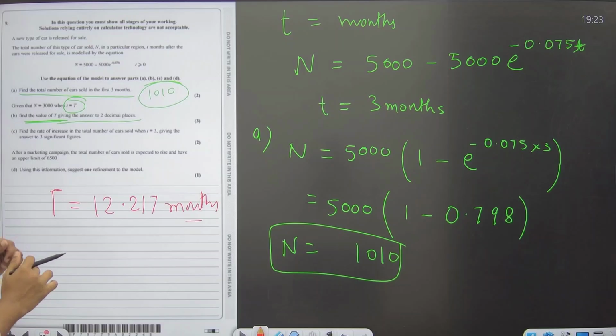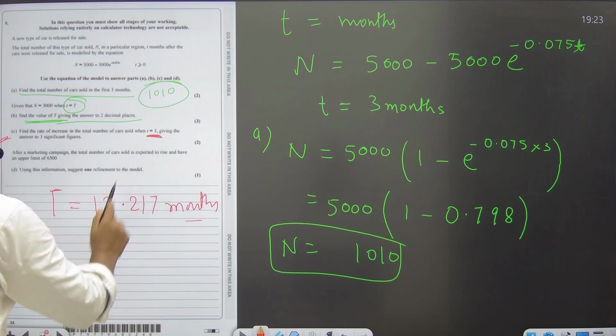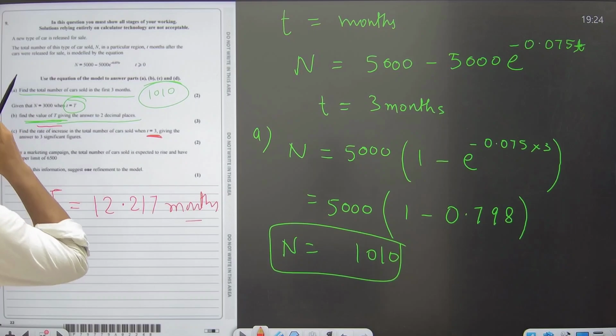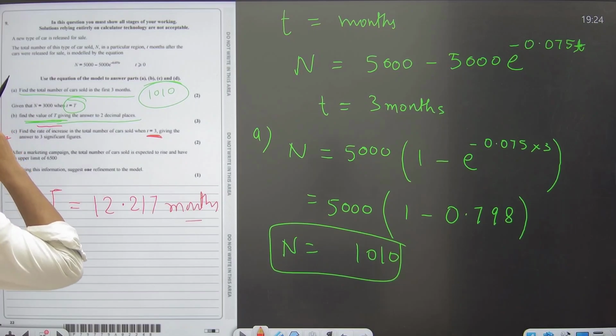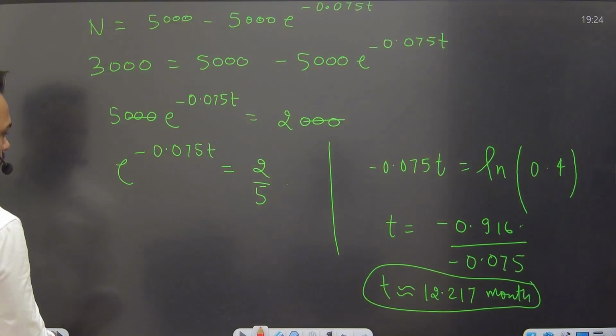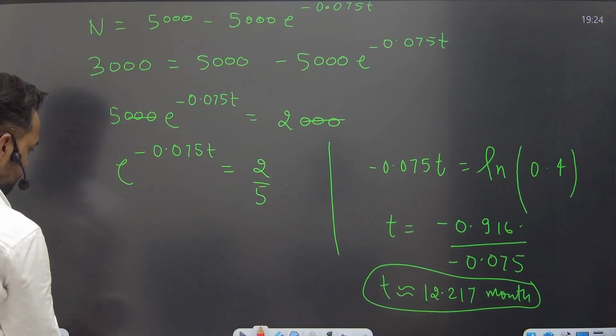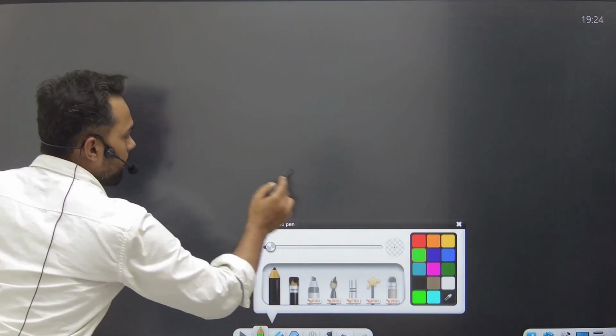In this question, the next part is to find the rate of increase in the total number of cars sold when t is equal to 3, giving the answer to 3 significant figures. T is given as 3. Now the term here is rate of increase in the total number of cars. So whenever this term comes, students, we just need to find the value of dN by dt.